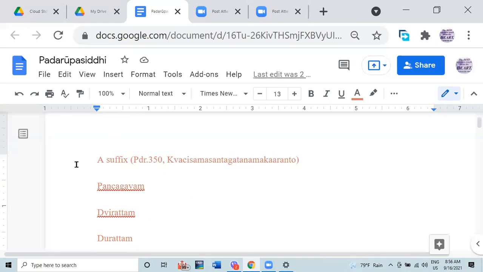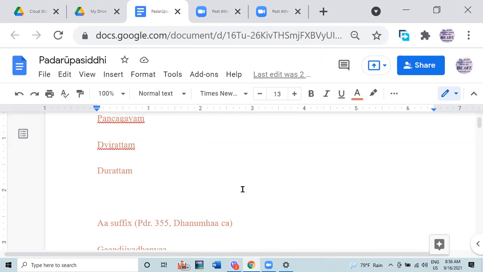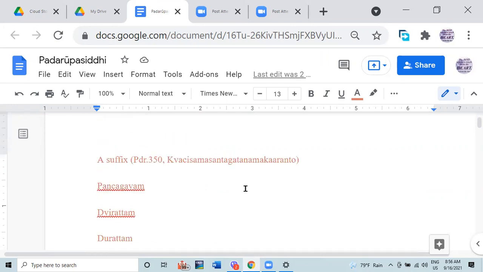The other suffixes are also common, but this a suffix is more common than the other, which is rare.